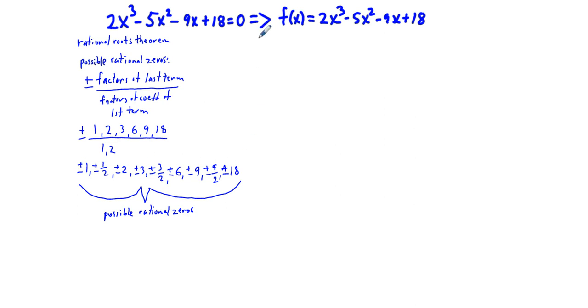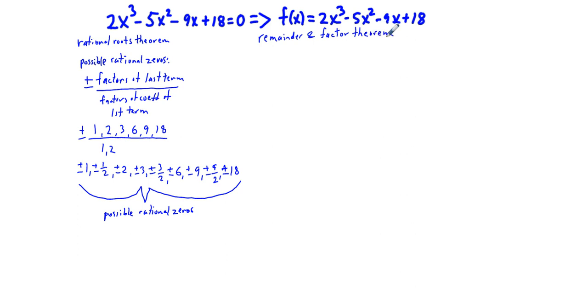You can start using synthetic division right now, but what I'm going to do is use something called the remainder and factor theorem. Sometimes you'll see them separated, but they're really different sides of the same coin.